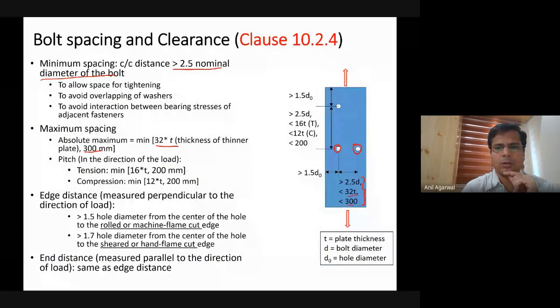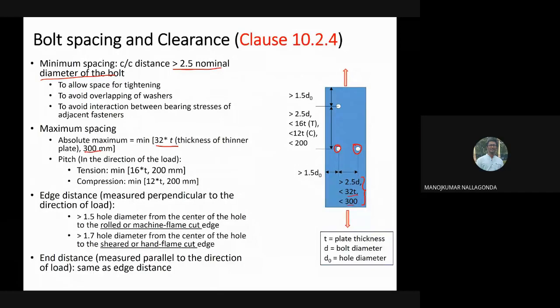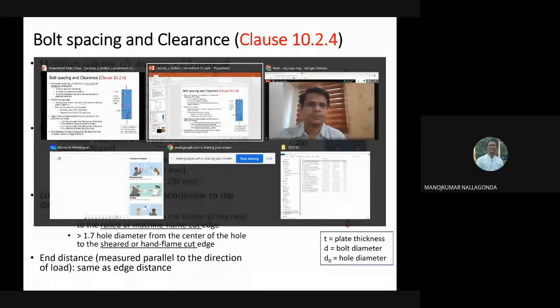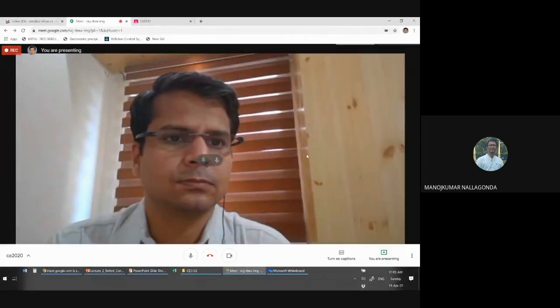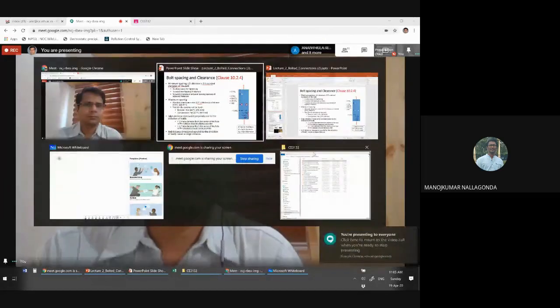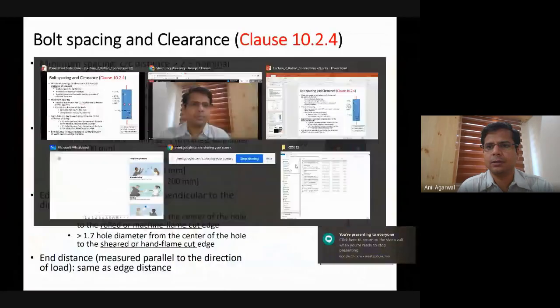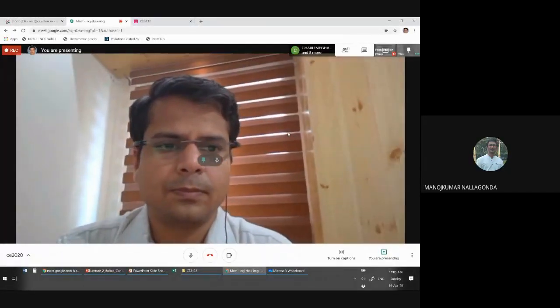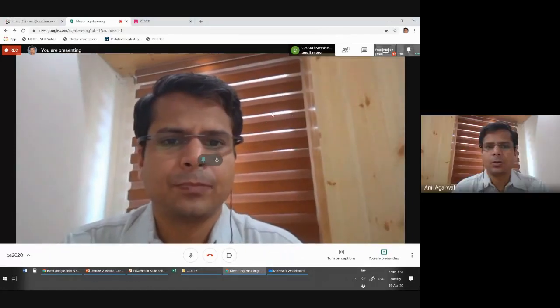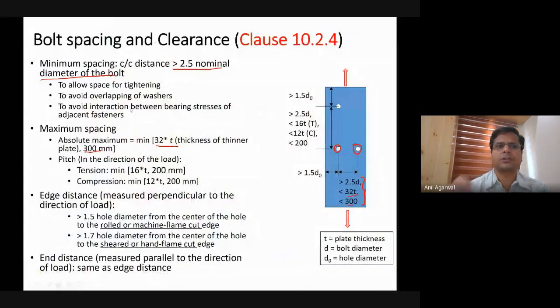Sir, was this maximum spacing condition only for bearing bolts or all types of bolts? Why? Because the stress concentration comes only in bearing. No, this is not only for the stress concentration requirement. There are three requirements: the space for tightening, overlapping, and so on.